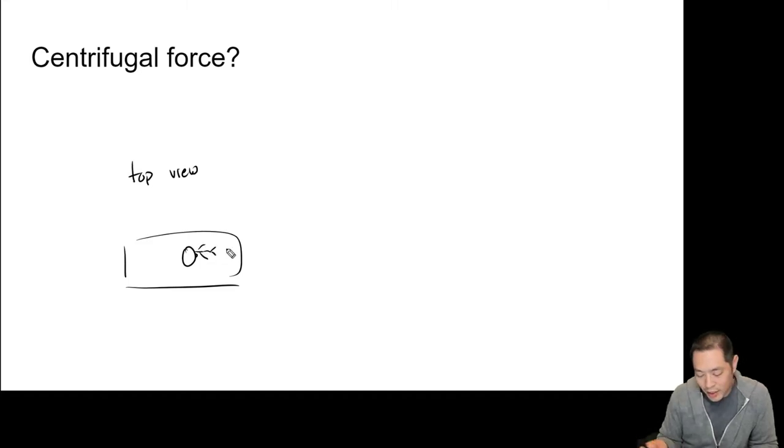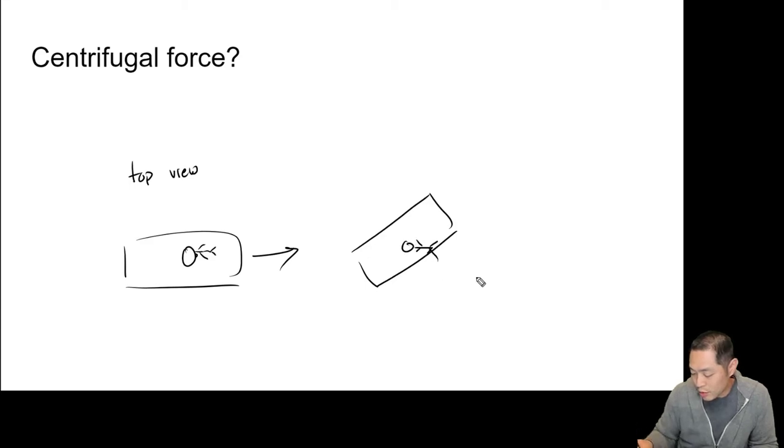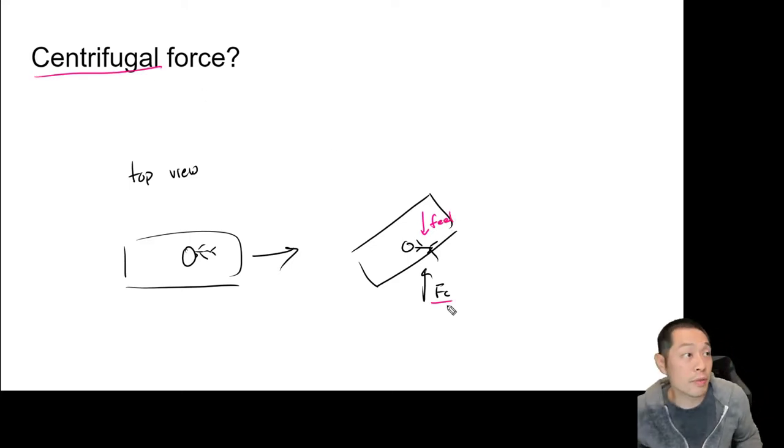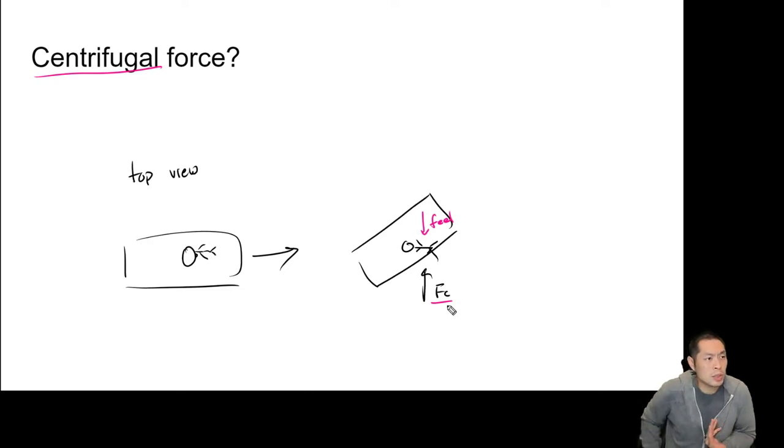Kind of weird. Anyway, the car's moving this way. Now, as the car turns this way, you still want to go straight. So even though the centripetal force is this way, you feel like you're getting slammed this way. This is what you feel. So what you feel is the centrifugal force, and this is the centripetal force. That's the difference between the two.